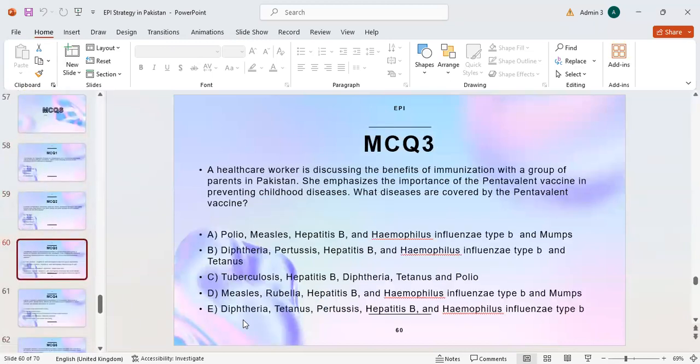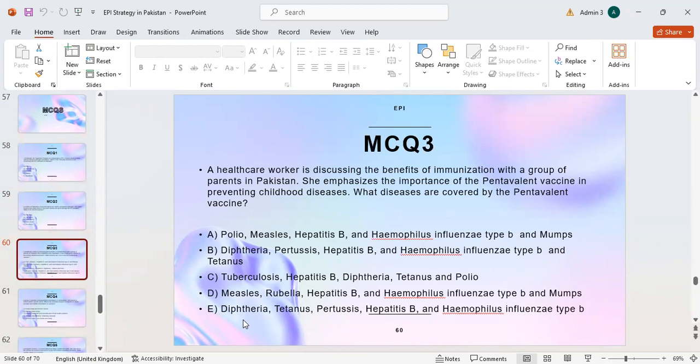A healthcare worker is discussing the benefit of immunization with a group of parents in Pakistan. She emphasizes the importance of the pentavalent vaccine in preventing childhood disease. What diseases are covered by the pentavalent vaccine? Option A is polio, measles, Hep B, H influenza B, and mumps. Option B is diphtheria, pertussis, Hep B, H influenza type B, and tetanus.